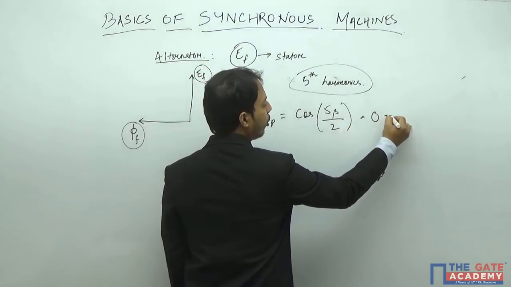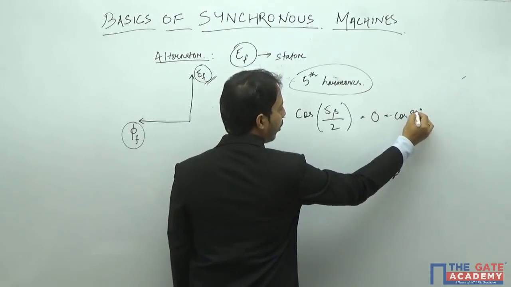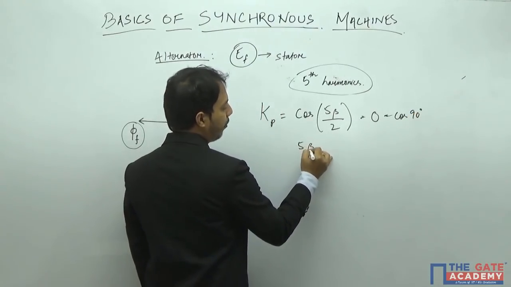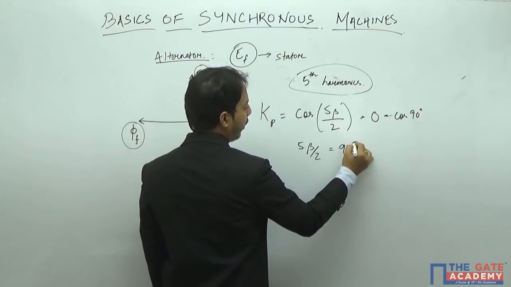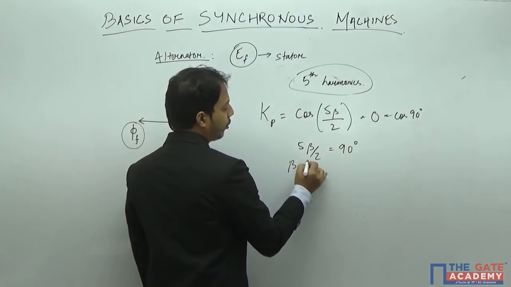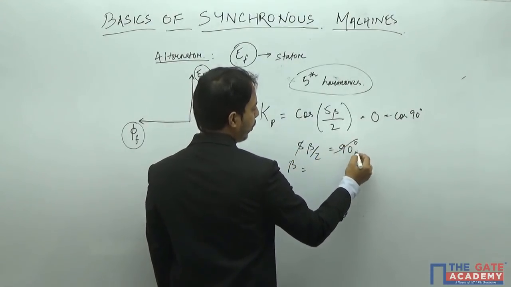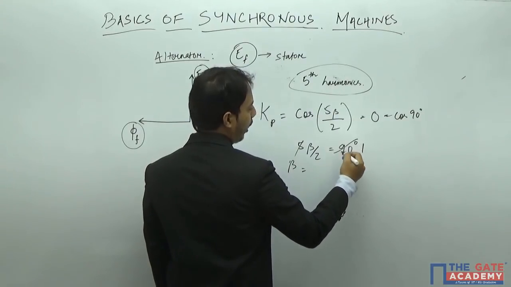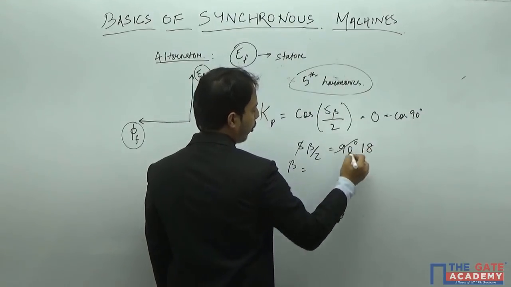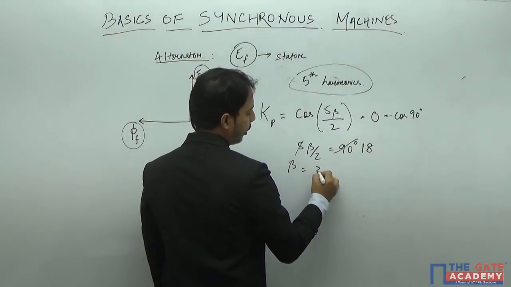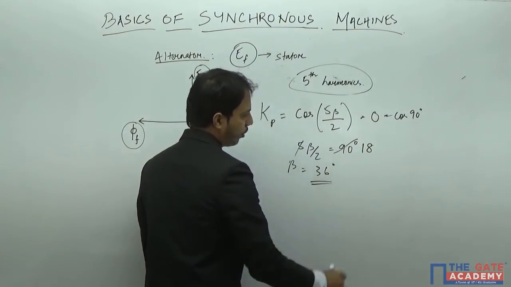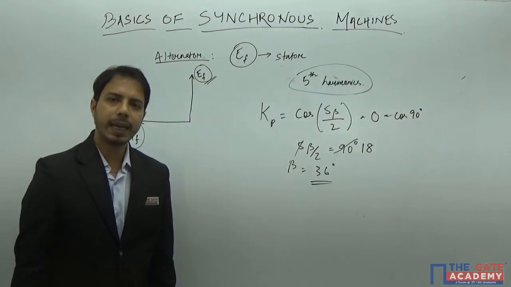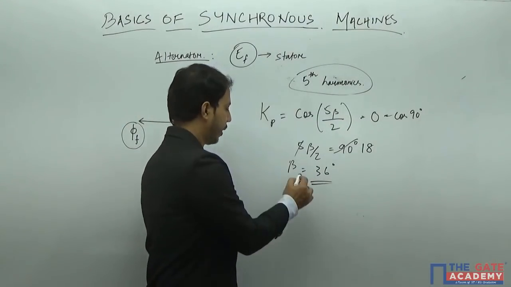We know this is 0 when it is cos of 90 degrees. So I can say 5 beta by 2 is equal to 90 degrees, so beta is equal to 36 degrees. This is electrical degrees.